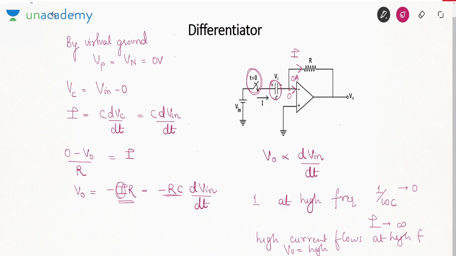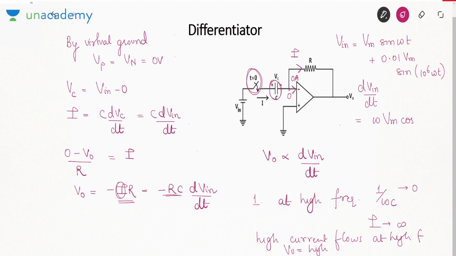Let me show you an example. Suppose Vin is Vm sin omega t plus a small noise, suppose 0.01 Vm sin 10 to the power 6 omega t. Now when you take dVin by dt, what you will get?